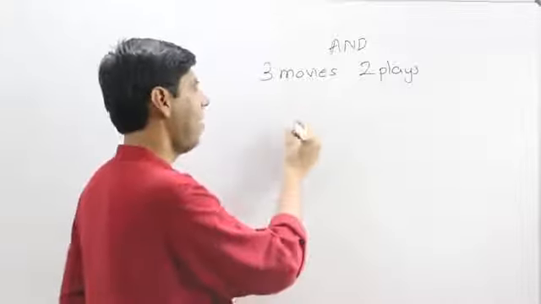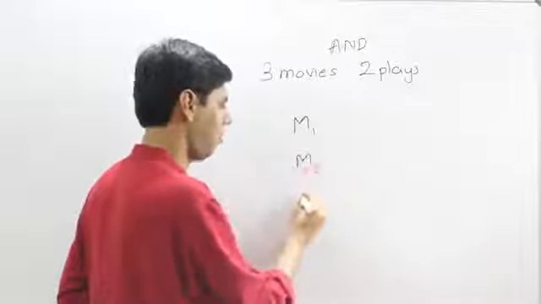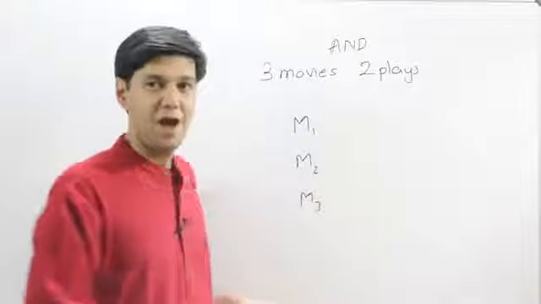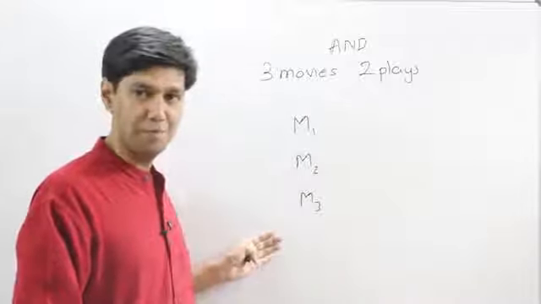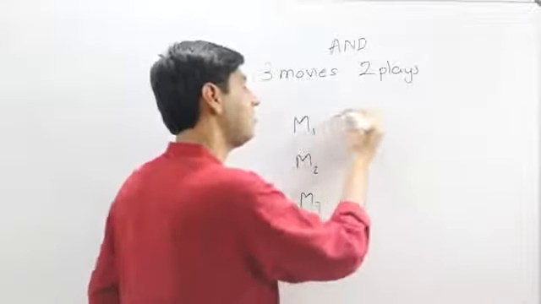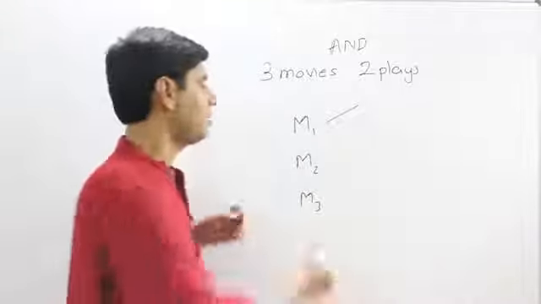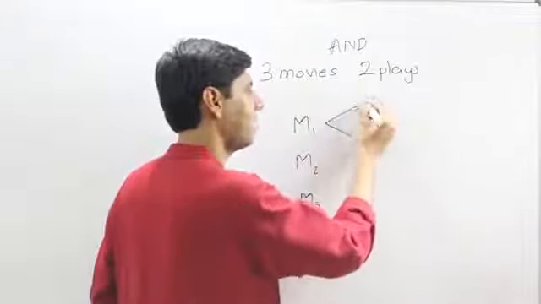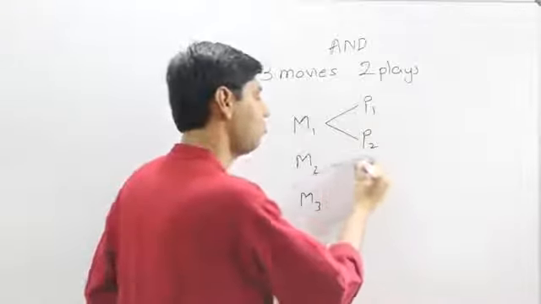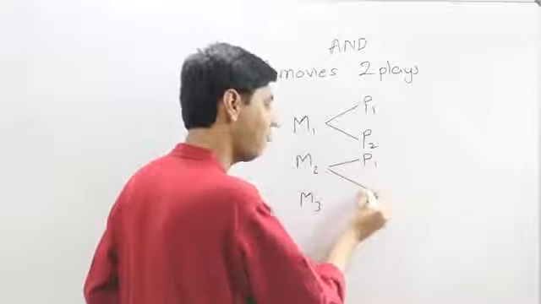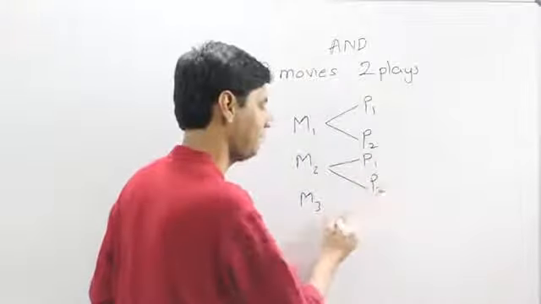With movies, I still have the possibility of 3 movies: movie 1, movie 2 or movie 3. Now the key word here is, having selected a movie, there are further how many ways in which I can watch the play. So with movie 1, I could watch either play 1 or play 2. With movie 2 also, having watched movie 2, I could continue and watch play 1 or play 2.